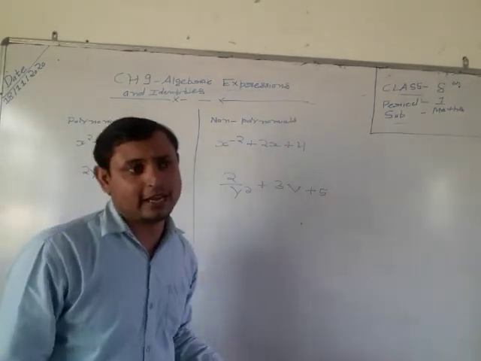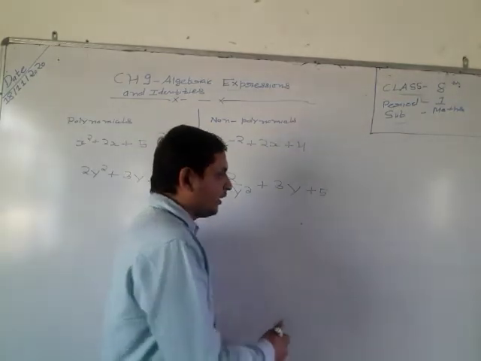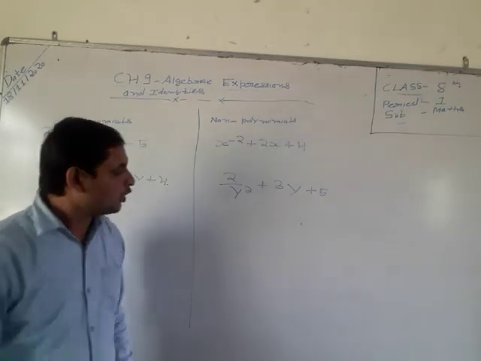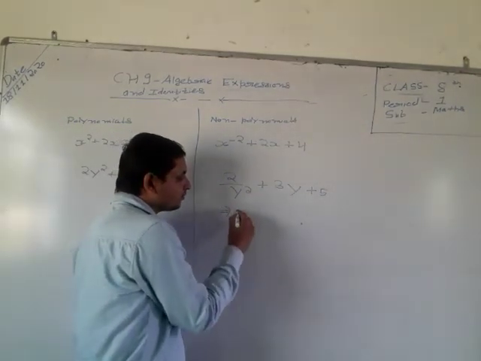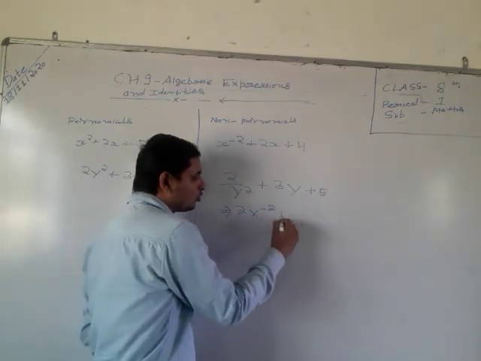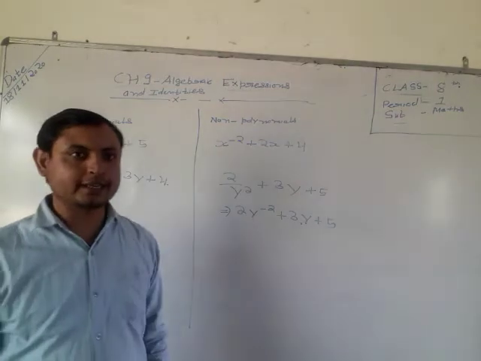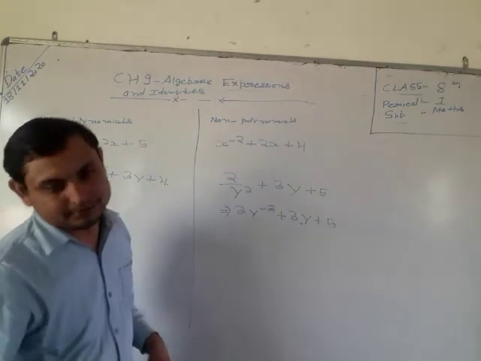When you shift it into the numerator, its power will turn negative. So you will get 2y power minus 2, 3y plus 5. So you can now understand why this was not a polynomial.